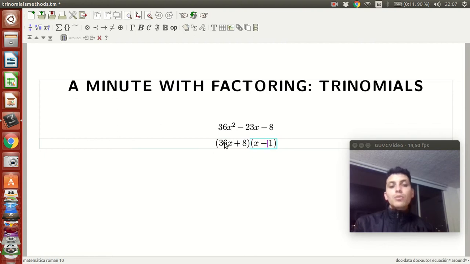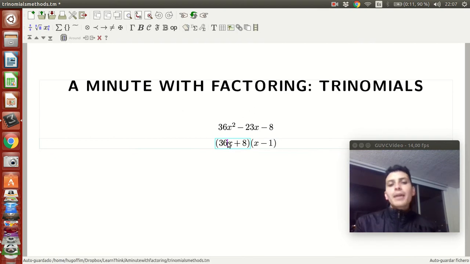If you check it, you will have negative 36x plus 8x. This is negative 28, so it's not the answer. It's not 36x and 8. My brain tells me that any combination of 8, 4, 2 is not going to change the result so much. So the change that I'm going to do is in 36.